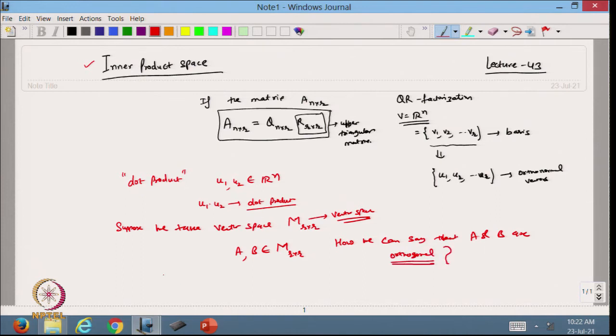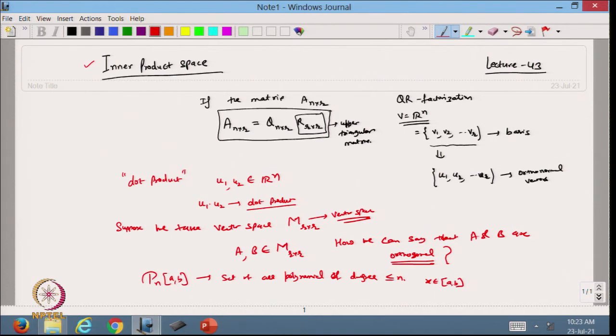Or maybe I will take a set of polynomials. Suppose I take P n defined over an interval a b. It is the set of all polynomials of degree less than or equal to n, with x belonging to the interval a b.